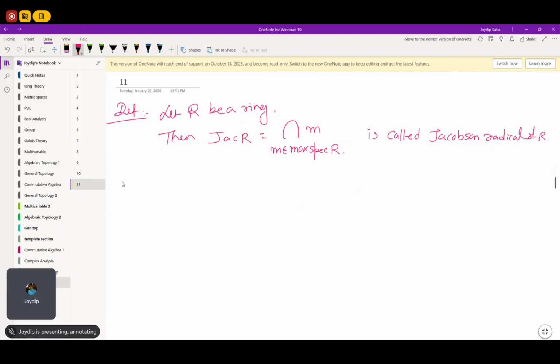Okay, since observation: Max Spec R is a subset of Spec R, we have the intersection of P, P belongs to Spec R. This set has more elements, so the intersection will get smaller.